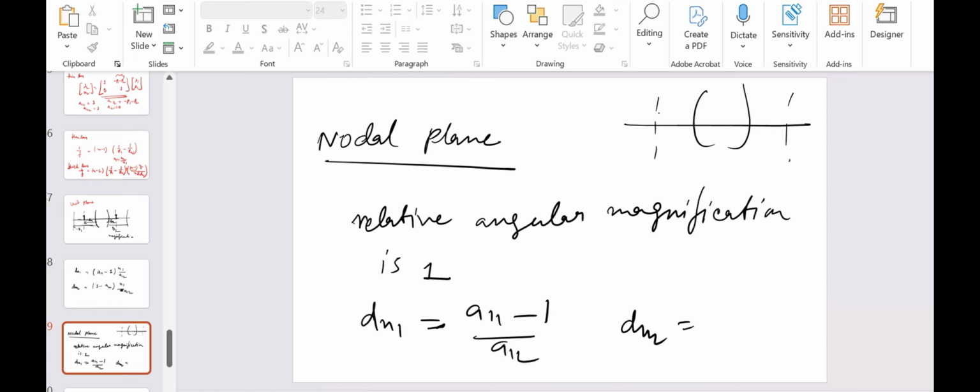This is the nodal plane, so this is dn1 and this is dn2, so this will be minus. And dAu would be 1 minus A22 by A12. So this is basically du1 and du2.